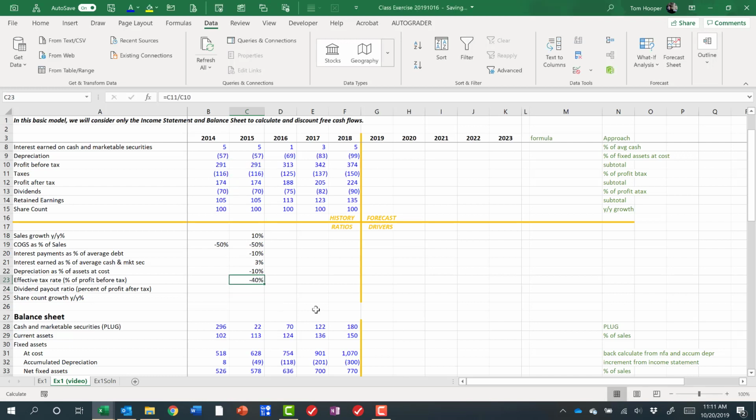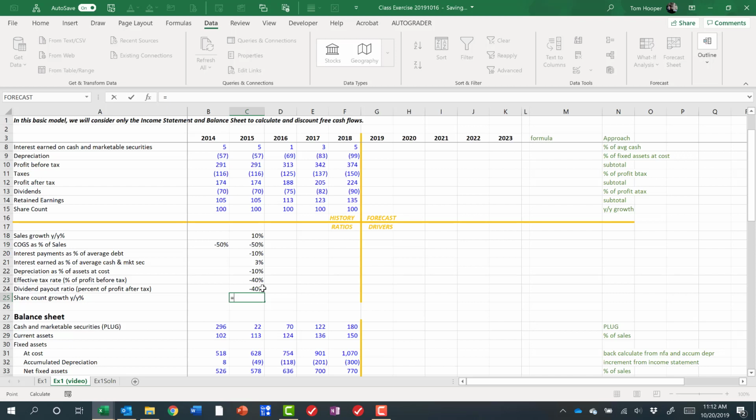And again, because of our sign convention, it shows up as a negative, but the proper takeaway from this is that our effective tax rate is in fact a positive 40%. And our effective dividend payout ratio, or our dividend payout ratio period, is 70 over 174. We're paying about 40% of our profits out as dividends after tax.